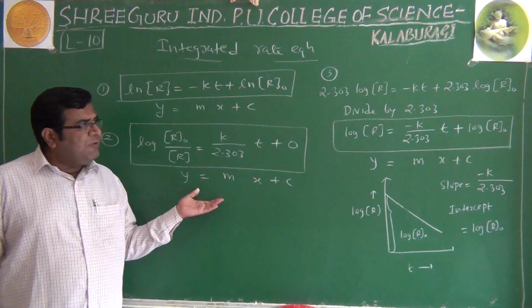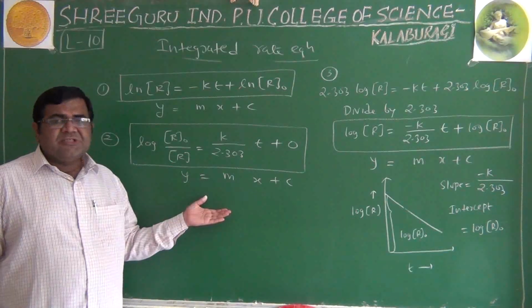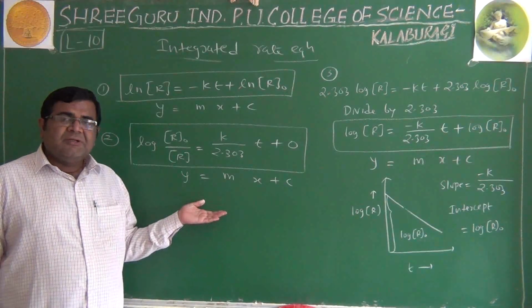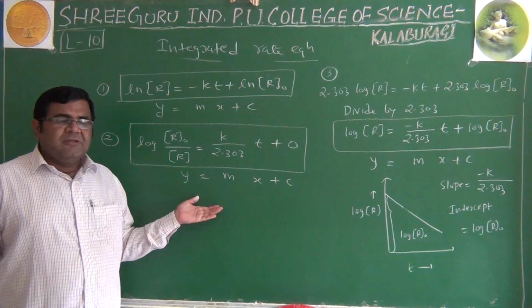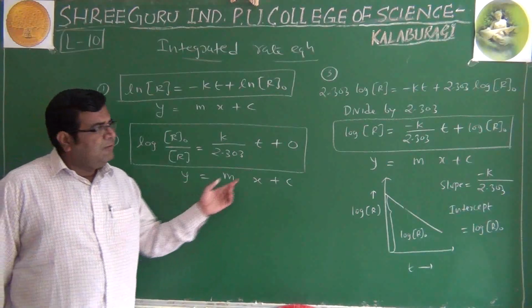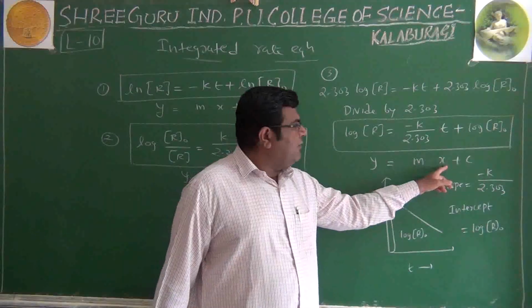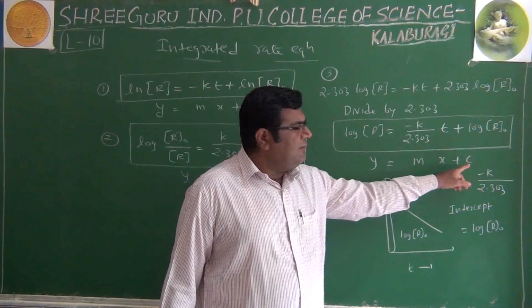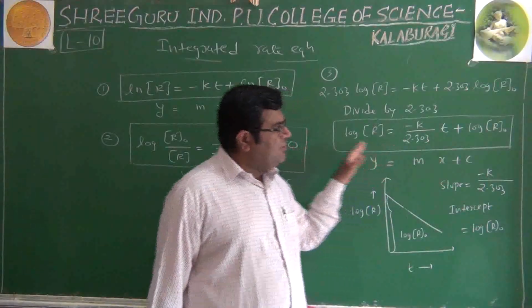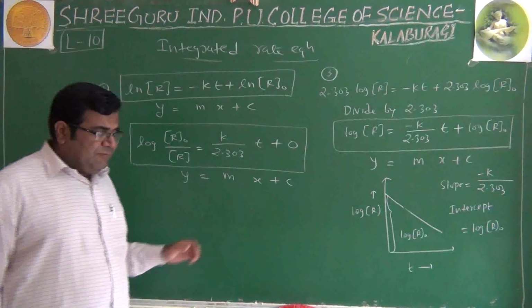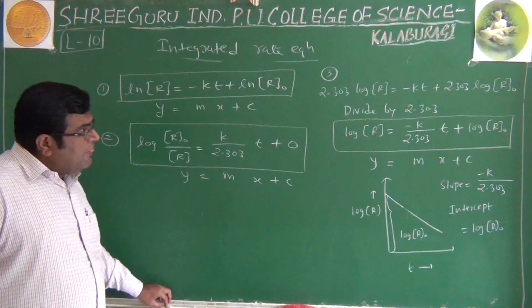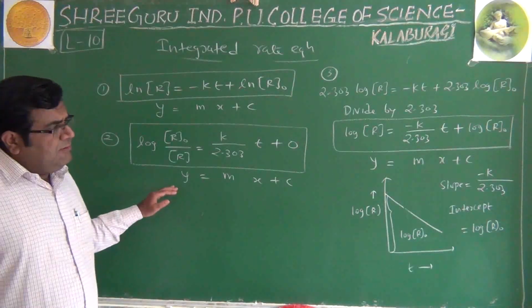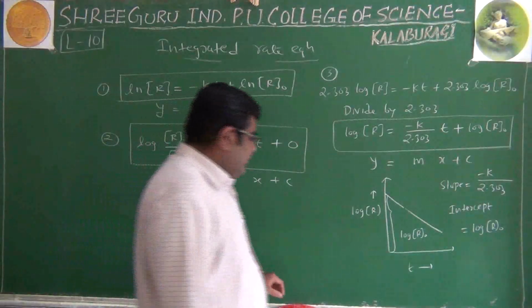We have to see whether we can convert that equation into a straight line equation or not. If we can convert, there will be two variables, y and x, and two constants, the slope and the intercept, and we will just convert that equation into the graphical representation. So this is all about the equations and graphical representation.